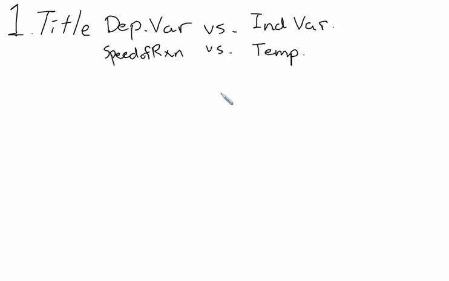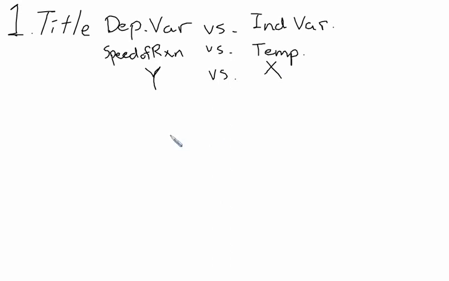Now, when we're creating our graphs, one thing that is good to keep in mind is that whatever your dependent variable is will always be on your y-axis, and whatever your independent variable is will always be on your x-axis.